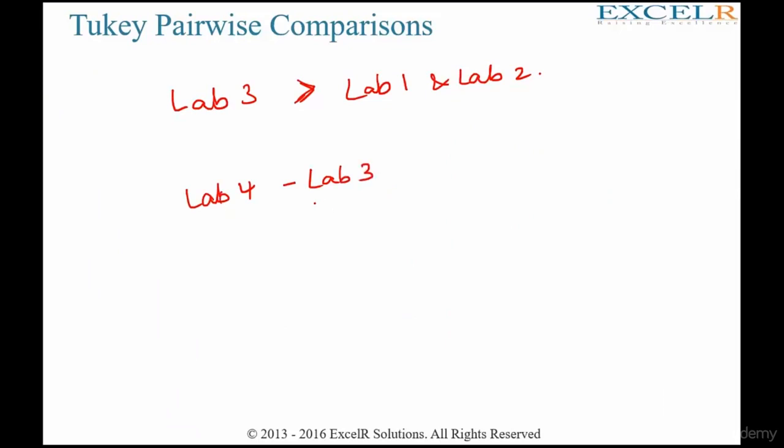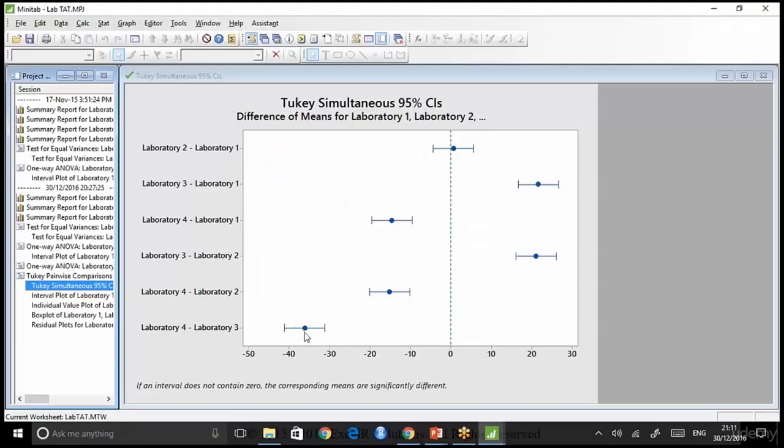If lab 3 is greater than lab 4, how would the scenario be? So if this is 8, this will be 6, because lab 3 values are greater. Then you'll get negative values. So if you look at this confidence interval, there are negative values.